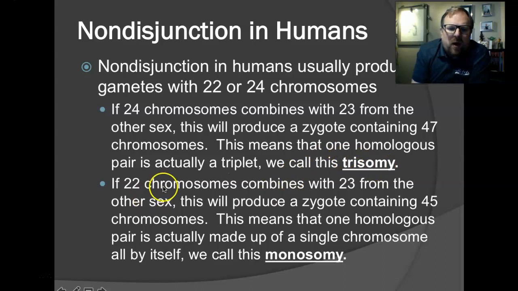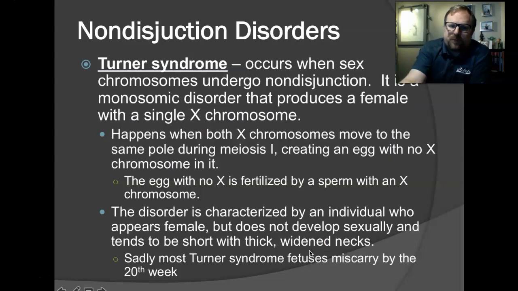And if we get an opposite situation where one of the sex cells has 22 chromosomes, it's got one too few, that brings us down to 45. And so that means that one pair that should have been 2 is actually 1. And we call that monosomy.